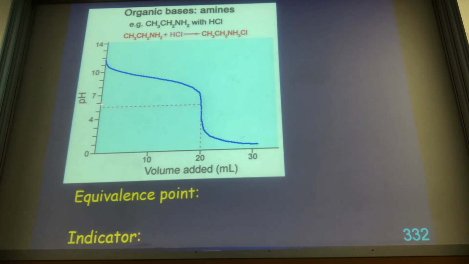So at the equivalence point, where neutralisation has occurred, because of the presence of that conjugate acid, the pH is a little bit below 7. So weak base, strong acid, the equivalence point is going to be below pH 7.